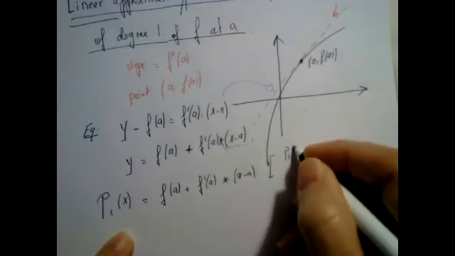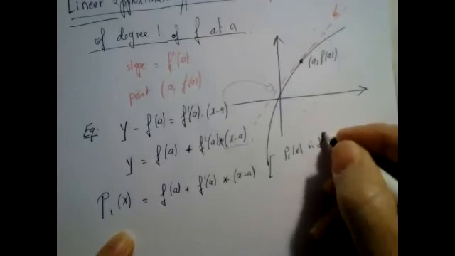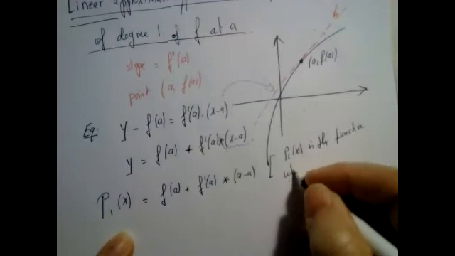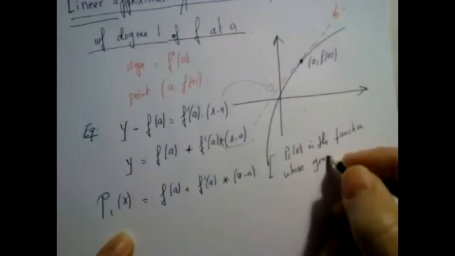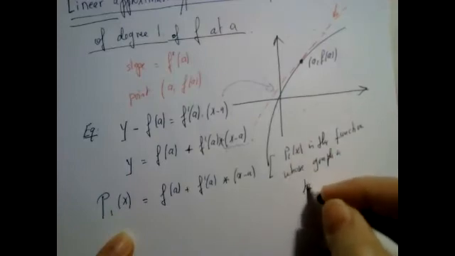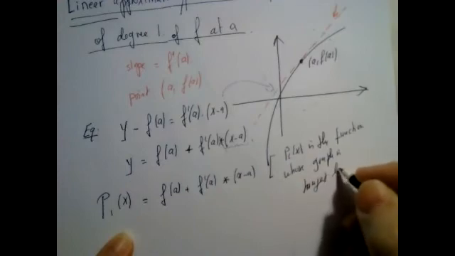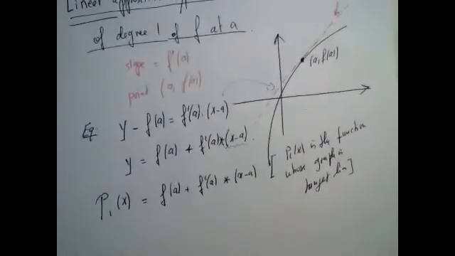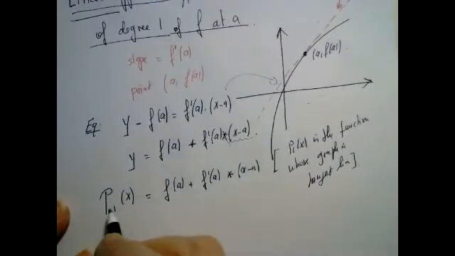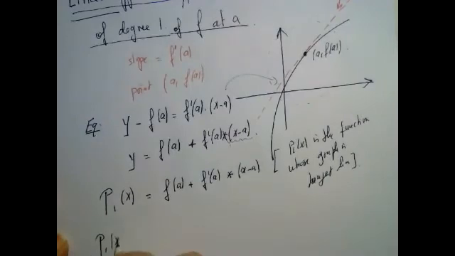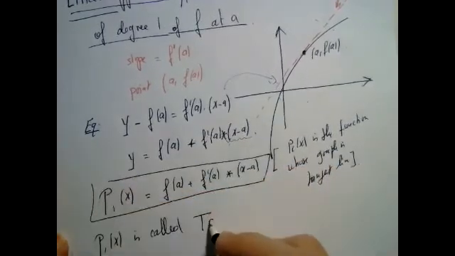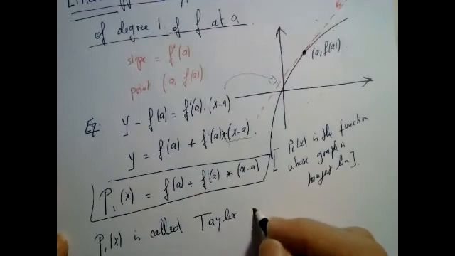So P1 is called the Taylor polynomial of degree 1.